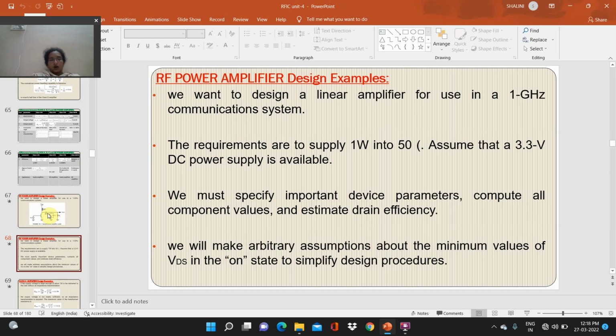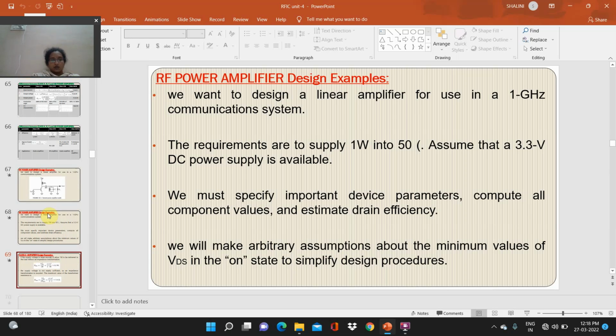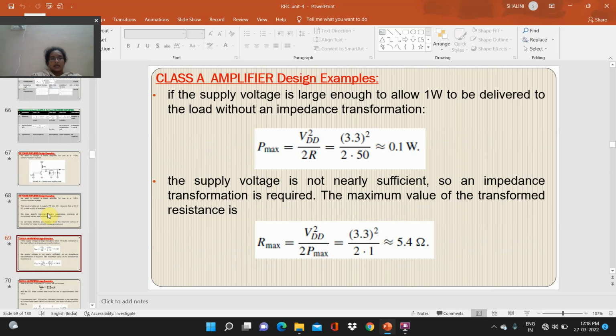We will make arbitrary assumptions about the minimum values of VDS in the on state to simplify design procedures, and use class A amplifiers.